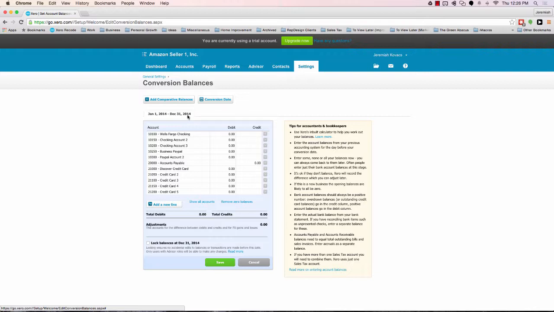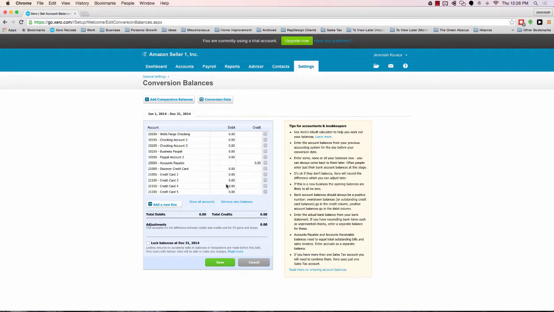And that's actually generally what I recommend for most people: if at all possible, try to start at the beginning of the year. Even if you set up your business mid-year, it'll make it a lot simpler for you if you just start at the beginning of the year and then leave everything in Xero.